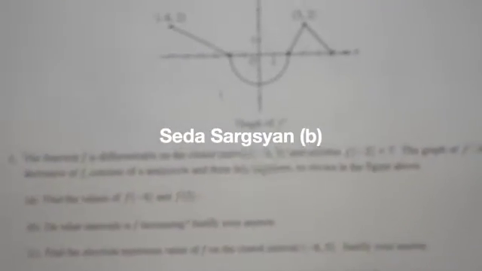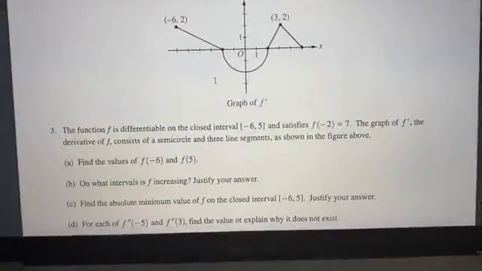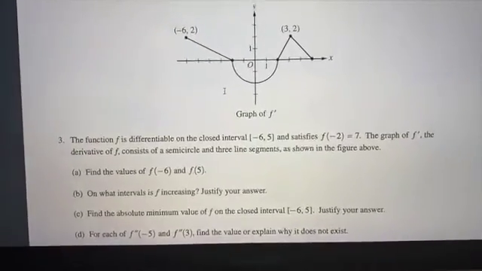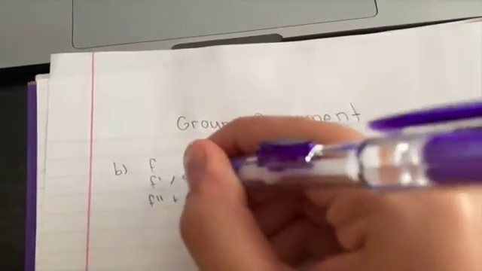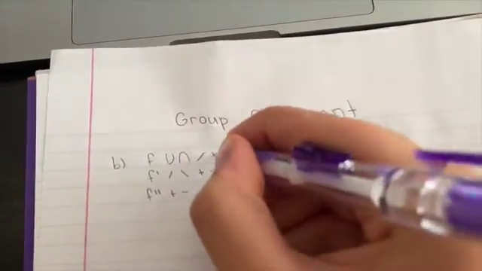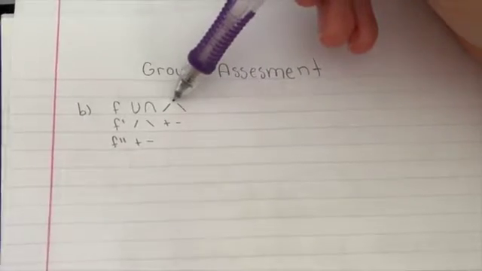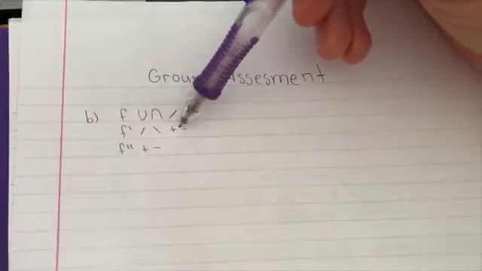So for this problem, I'm doing B, and B asks, on what intervals is f increasing? And then justify your answer. Since we're given the graph of f prime, and we need to figure out when f is increasing, we just have to look at the chart. f is increasing when the graph of f prime is positive.